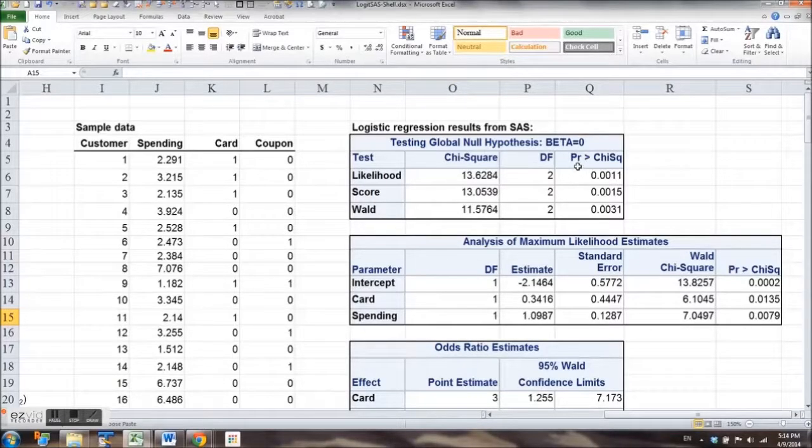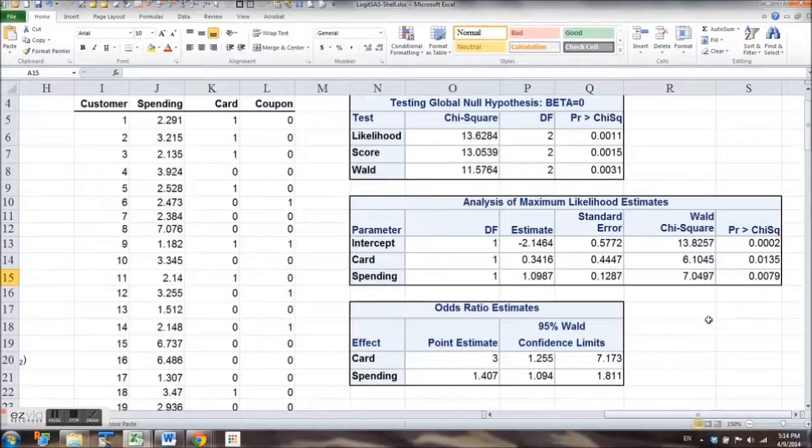The first table gives us the significance test p-values, and there are 3 different ways in which we can test the overall significance. So these are the p-values, and then the individual test p-values are here, and then we have the odds ratio in the third table.